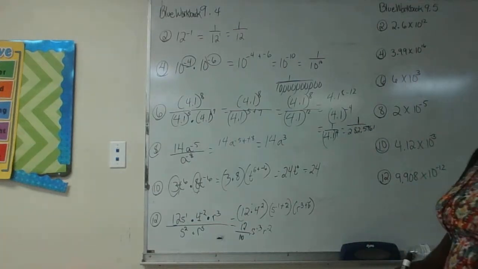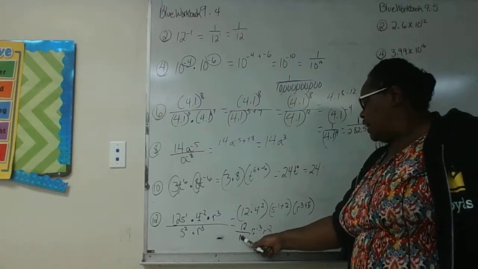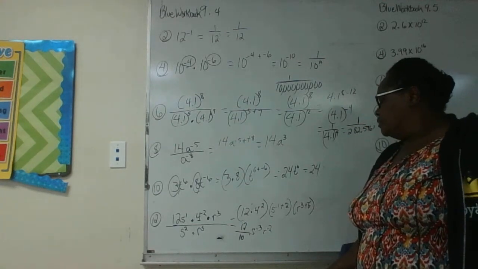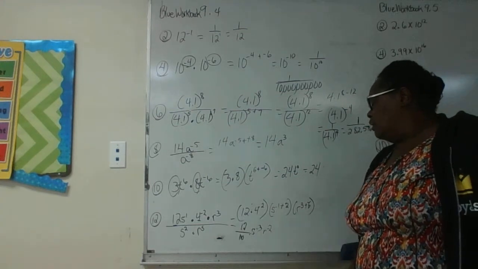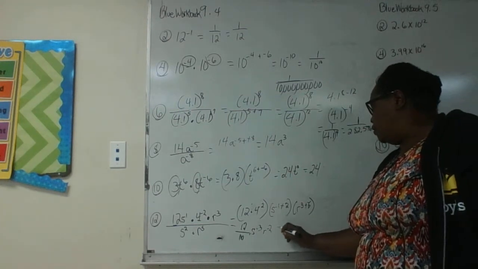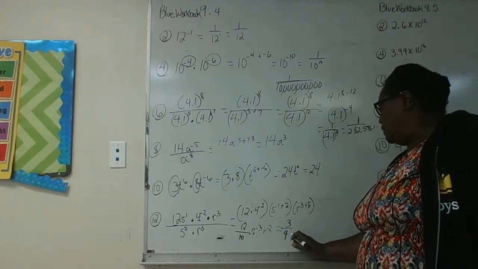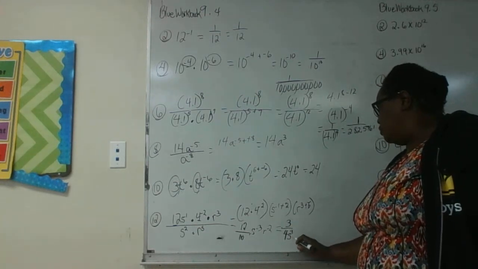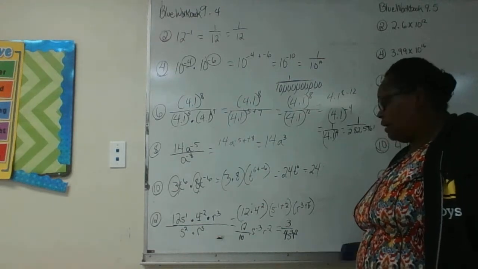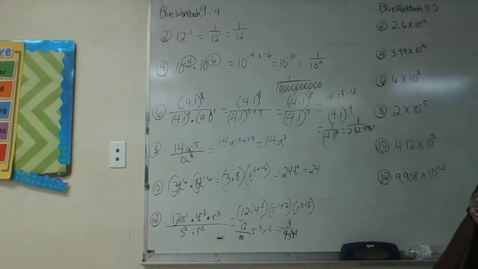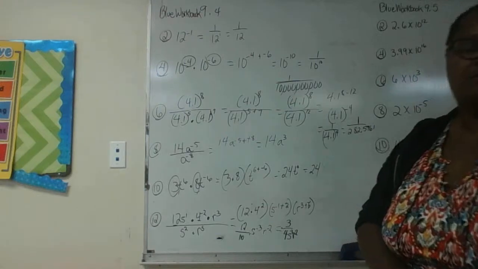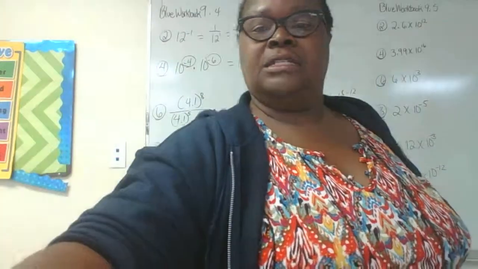All right, so the end result is we're going to simplify this by reducing both by 4, and so therefore we end up with 3/4, and then our denominator s to the 3rd power, r to the 2nd power, to make sure that everything is written in positive form. Okay, see you in the morning.